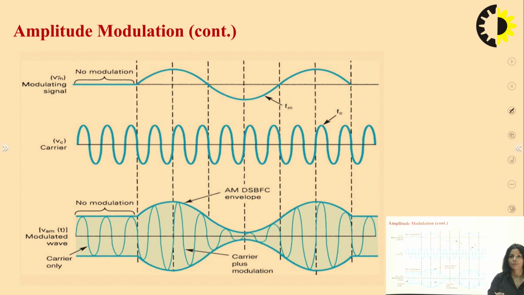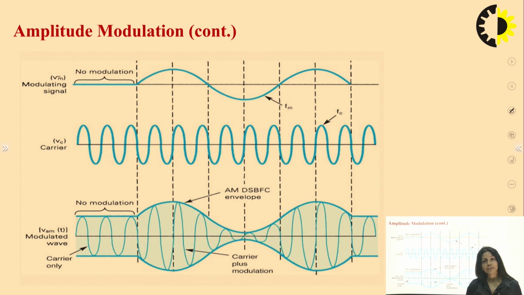So in the low frequency form, we cannot transmit this signal, right? If we want to transmit it to far distances, or transmit a message signal from one point to another, then we have to increase the frequency of this message signal, because the frequency is very low.